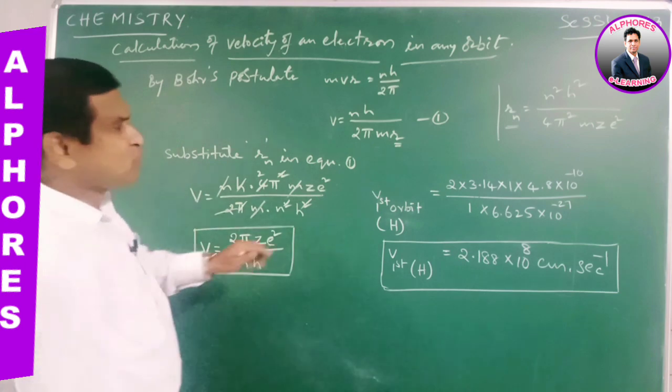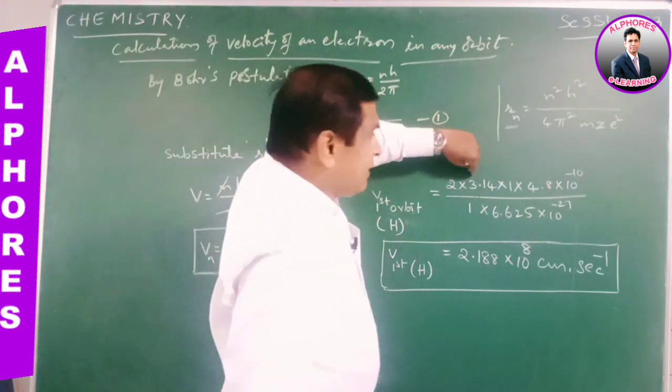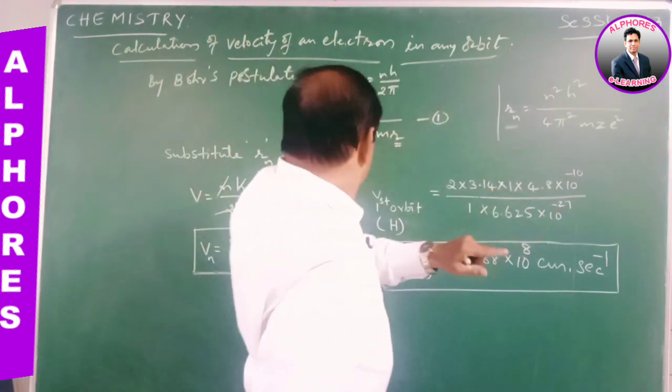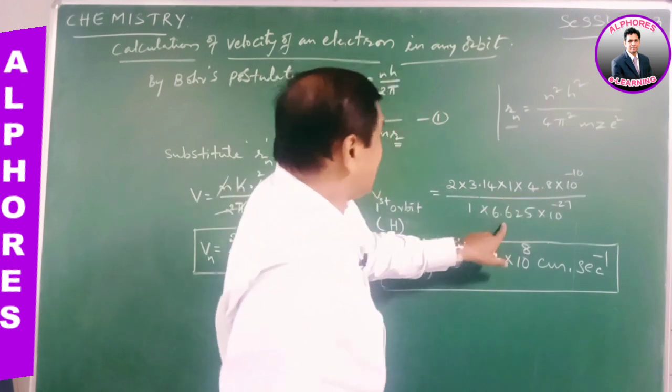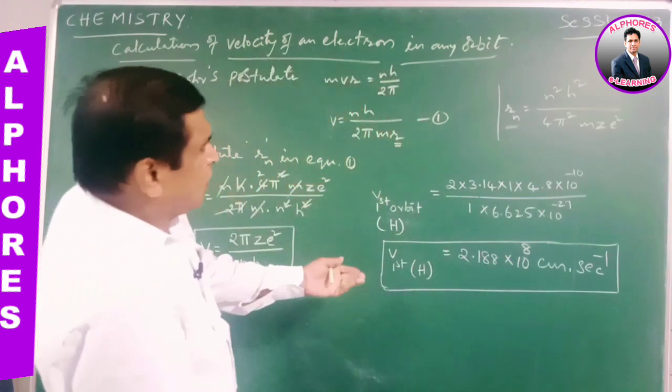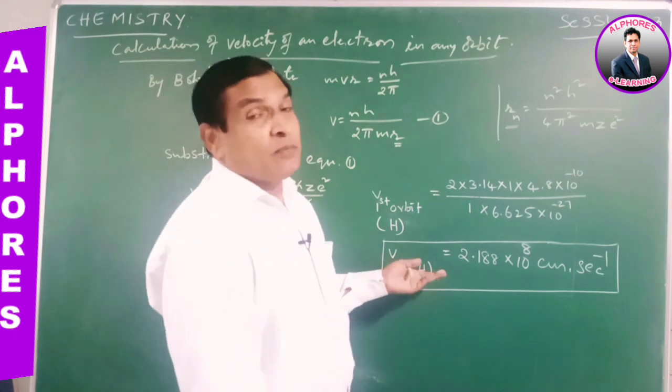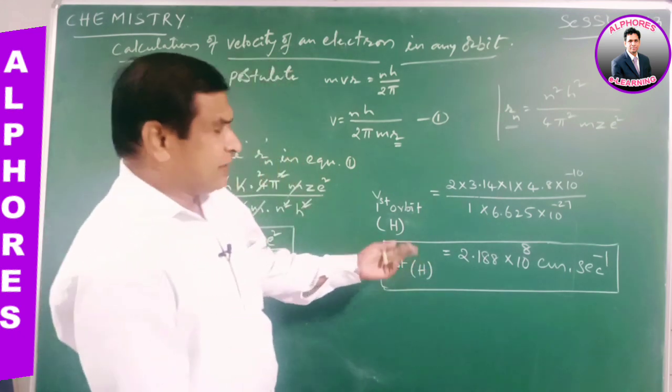Substituting the values of pi, e and h, the velocity of the electron in the first orbit of hydrogen is calculated like this.